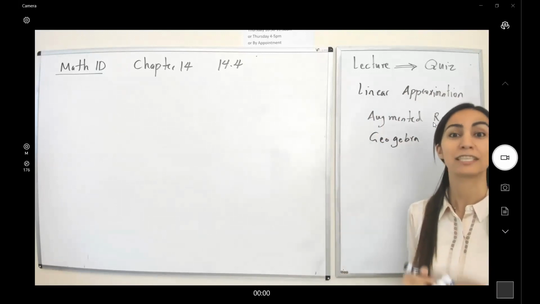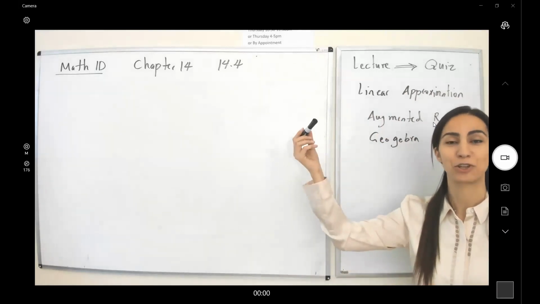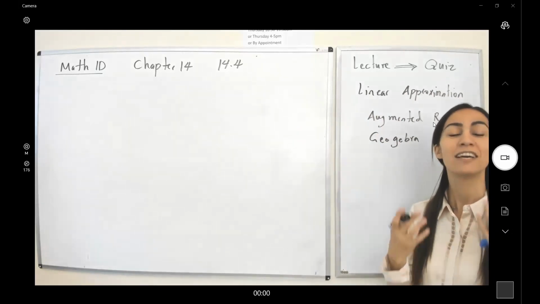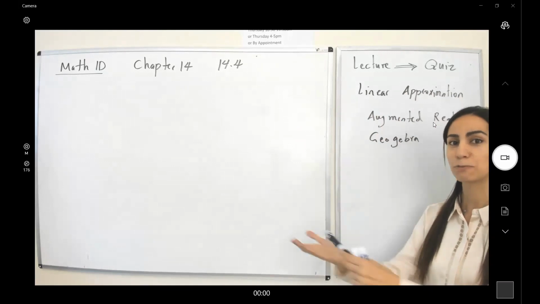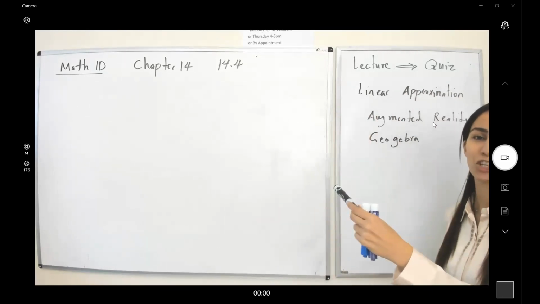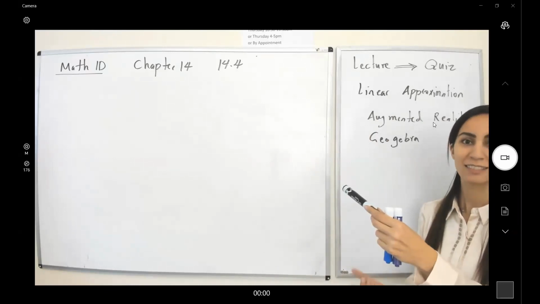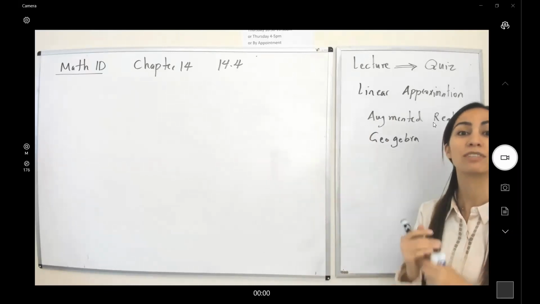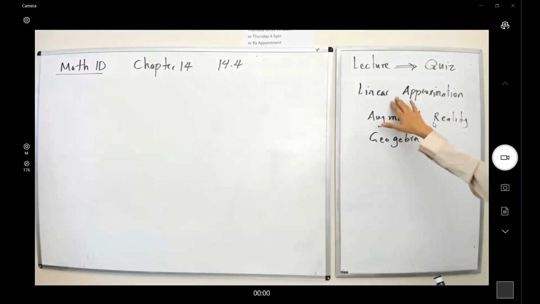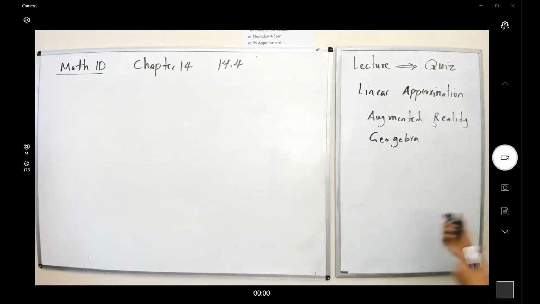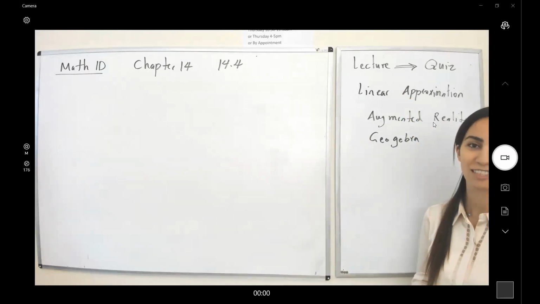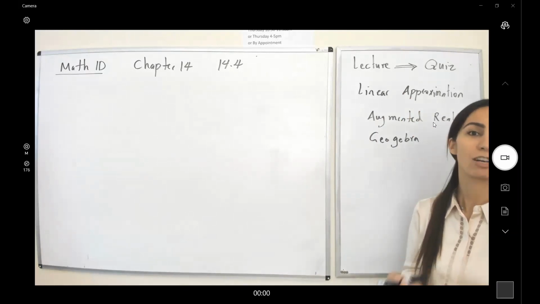You can take pictures of three-dimensional objects, and that app uses linearization to project that three-dimensional object into a two-dimensional format, then create a three-dimensional object back for you. So one of the most important applications of linear approximation or linearization is in image processing.